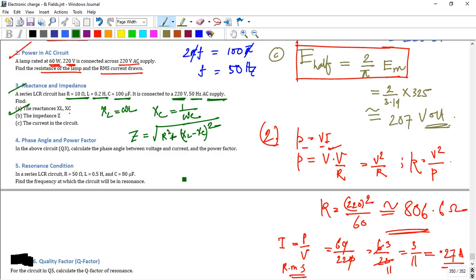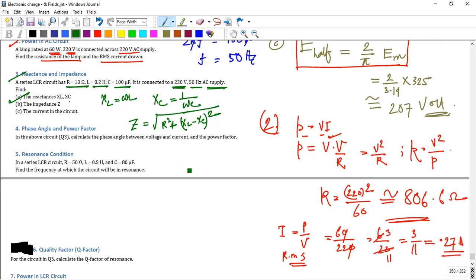Okay, so that's very easy. There's given data here for omega L. So now with the help of these, XL, so omega L, omega is 2 pi f, where f is 50 hertz, the linear frequency.